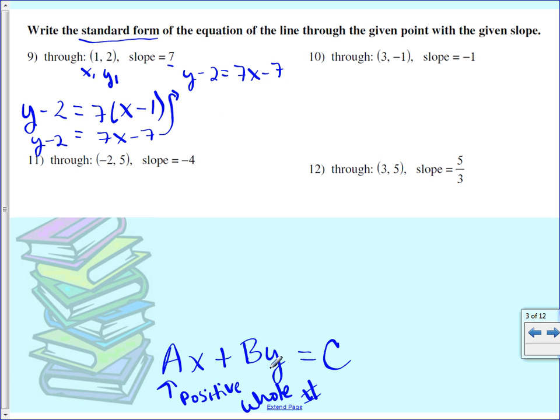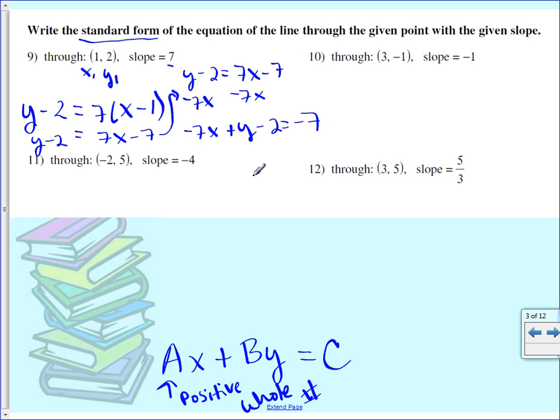Now notice my equation down here. I got to get this x over to the other side, then I got to get this 2 over to this side, right? How do I get this 7 over here? I got to subtract 7x on both sides. Okay? So now I have negative 7x plus y minus 2 equals negative 7.